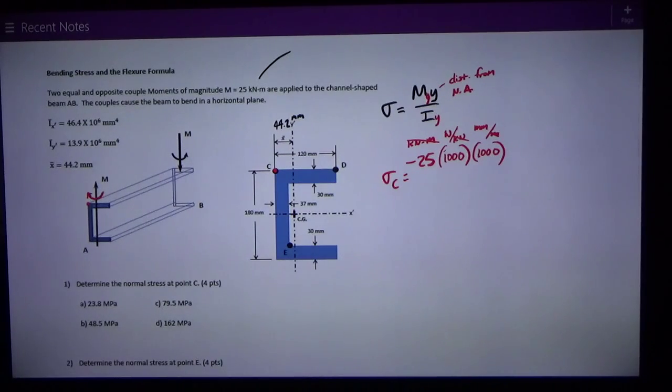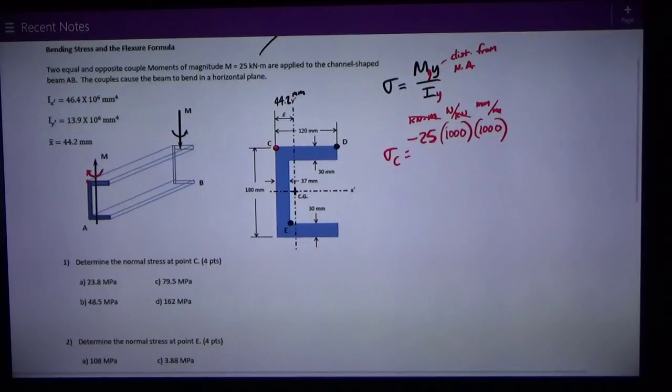My y distance is the distance from the neutral axis. Well, the neutral axis is this y-axis, because that's what the bending is about. The bending is like that, about that y-axis. So the distance from the neutral axis to point C is that centroidal distance, 44.2.